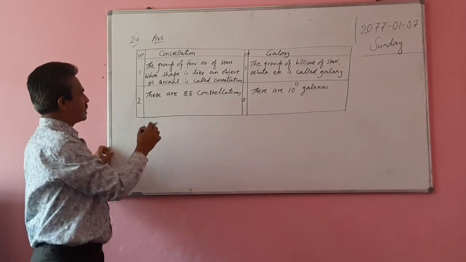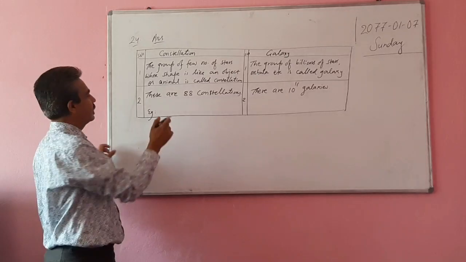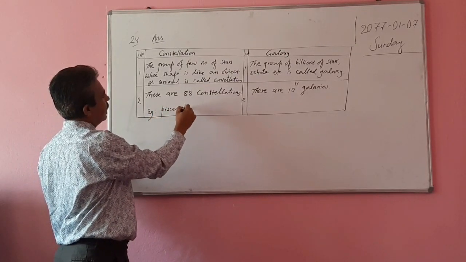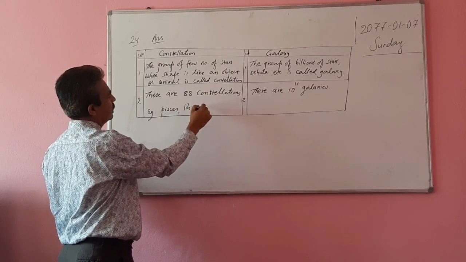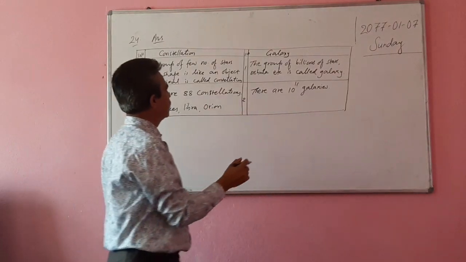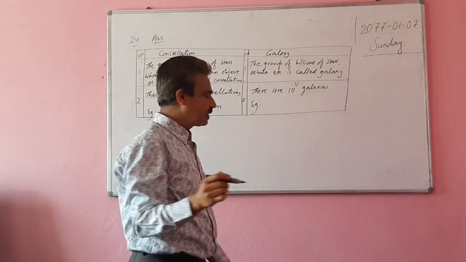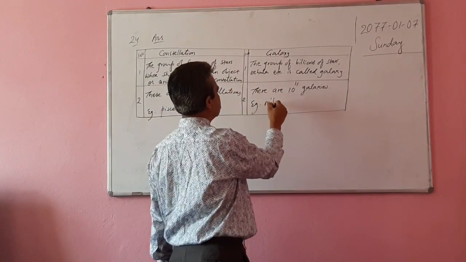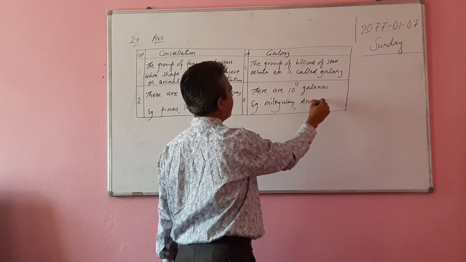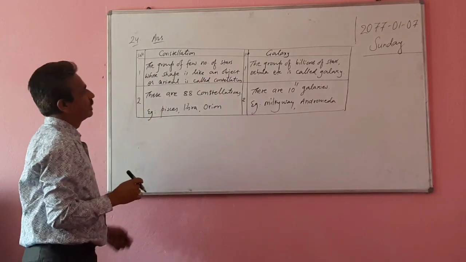Can you give an example of a constellation? Your zodiac signs, like Pisces or Libra or Orion. These are examples of constellations. And galaxy, example: Milky Way, Andromeda. These are examples of galaxies.